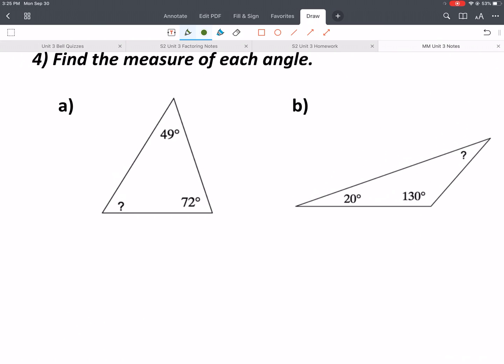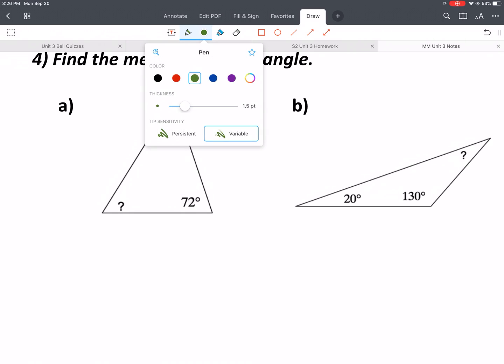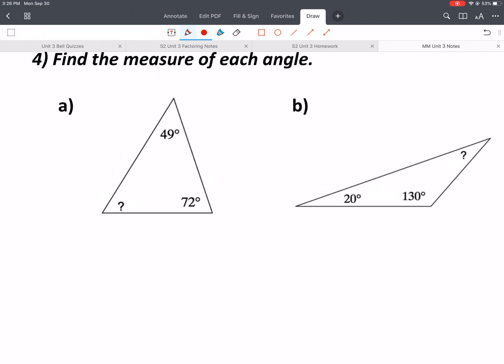All right, so it says find the measure of each angle. We have two of the three angles. We have 49 degrees plus 72 degrees plus a question mark. Let's just call that question mark x. That's what we're going to solve for. Add those all together, we'd have 180 degrees.